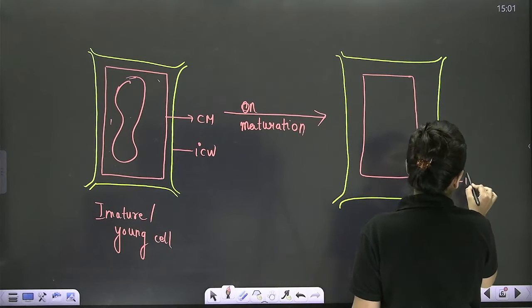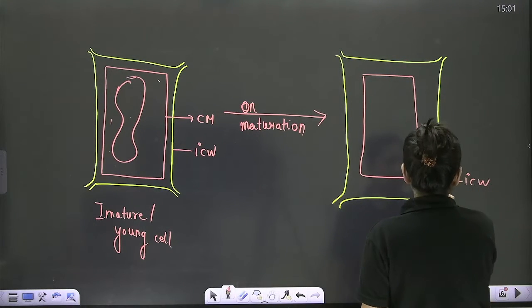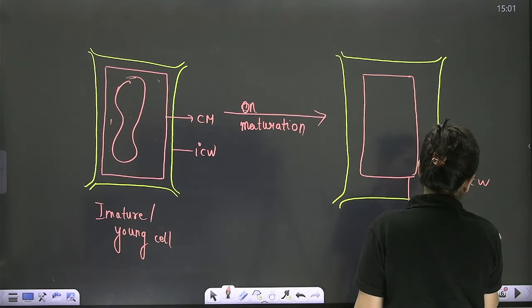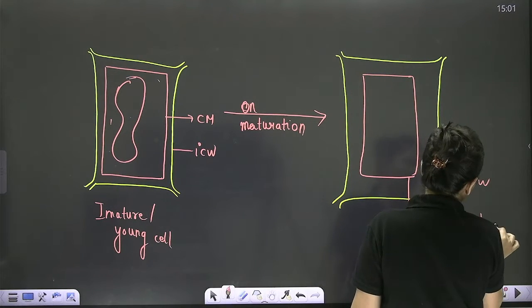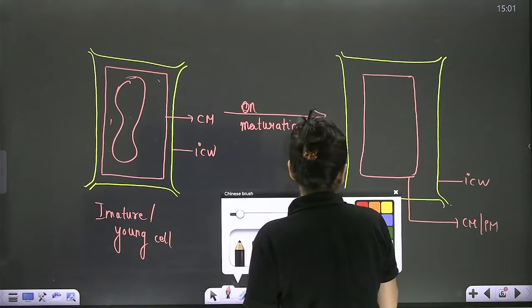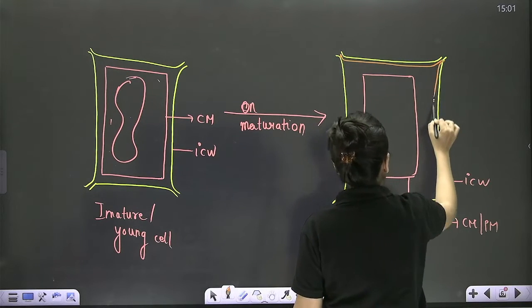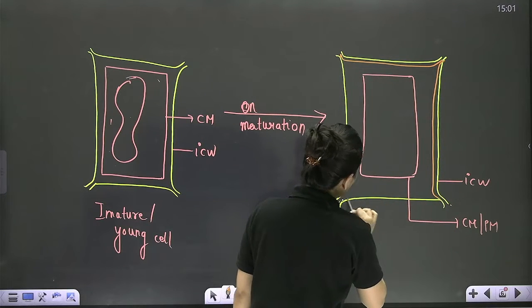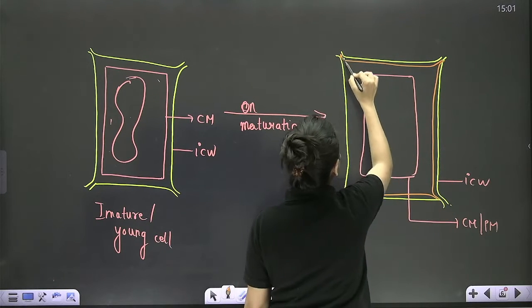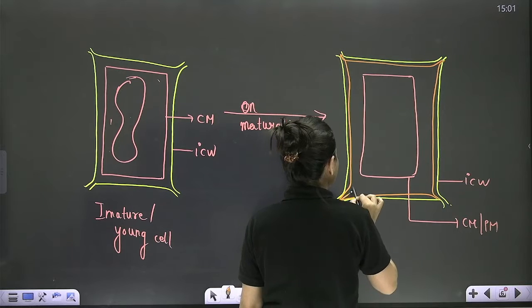Now this is your primary cell wall which has got expanded. This is your cell membrane or plasma membrane, and now you can see a huge gap in between them, and in this gap there will be the deposition of new beta secondary cell wall.